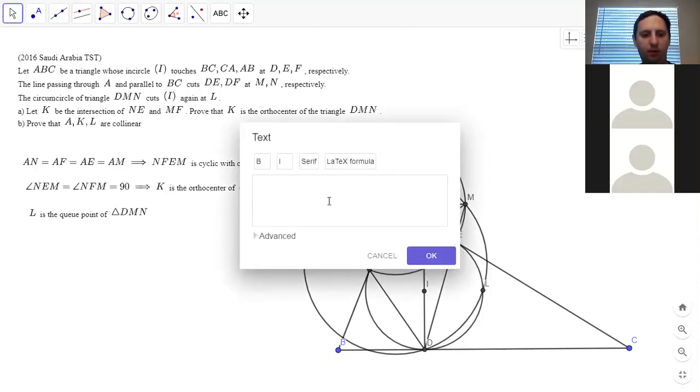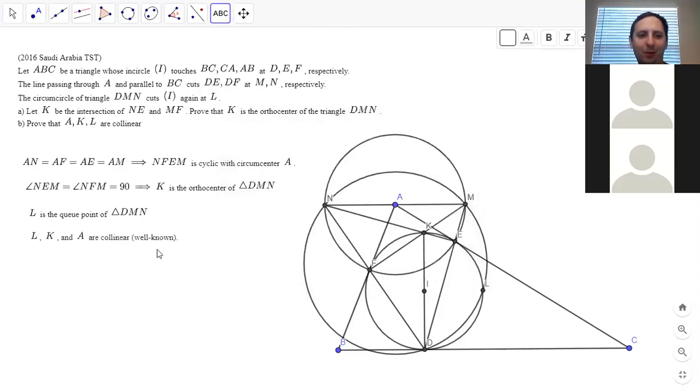And the power ratio lemma is interesting too. I like that. All right, so I'm going to move on to the next problem.